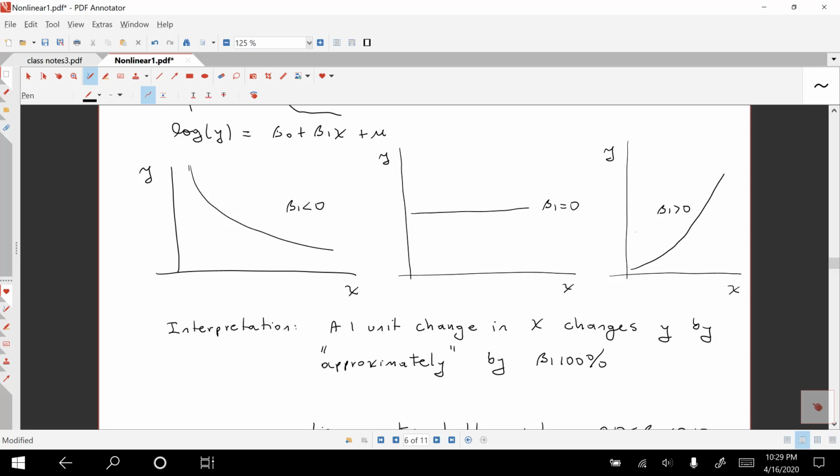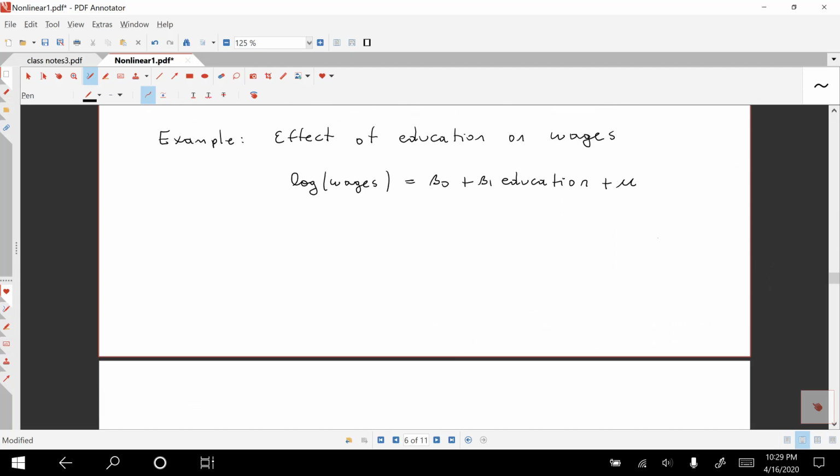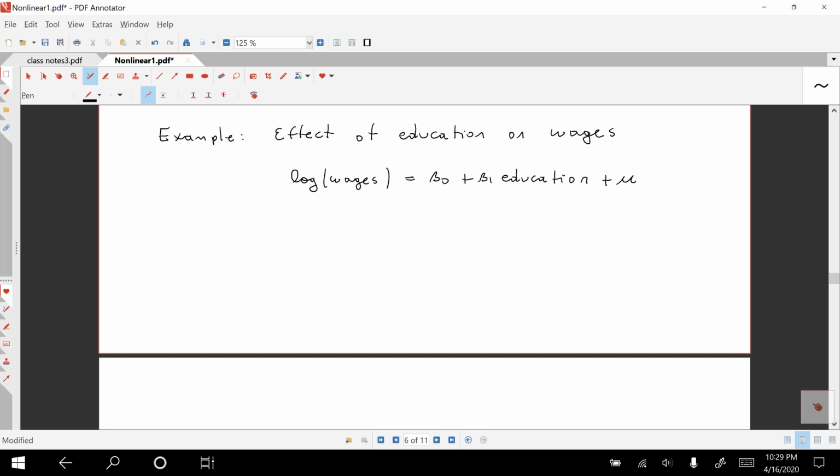Later on we will see if the model that we're estimating in fact looks like that, and that's going to depend on the sign of beta 1. Let's continue. But when you are estimating these models, you need to have an idea of what type of relationships you are implicitly assuming.